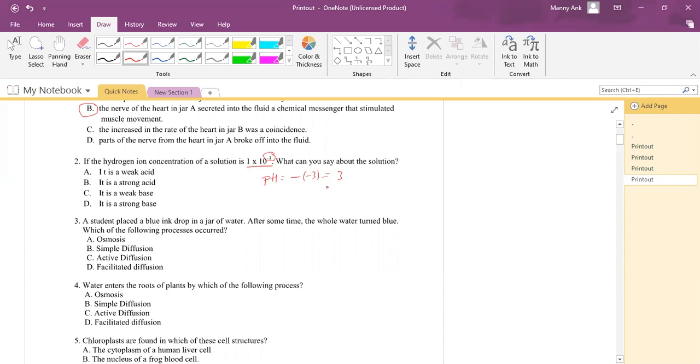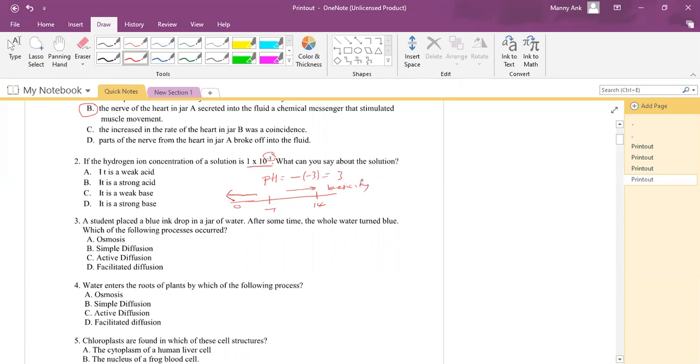So if the pH is 3, now remember the pH scale. The pH scale ranges from 0 all the way to 14, right? 7 is neutral. So the acidity increases as you go towards the left, closer to 0, it becomes more acidic. If you go towards the right side, towards 14, it becomes more basic.